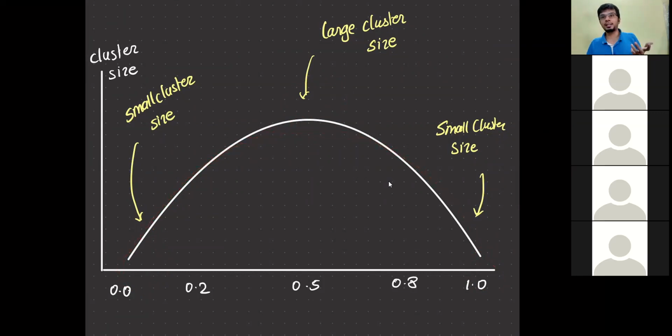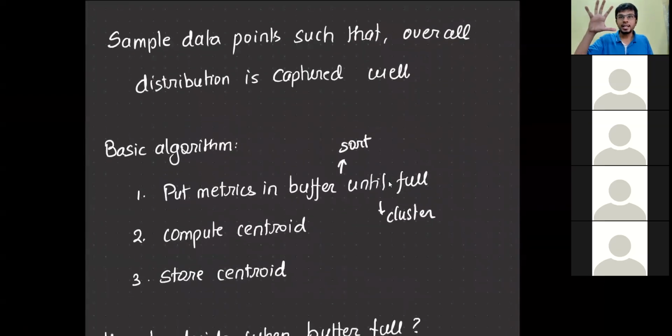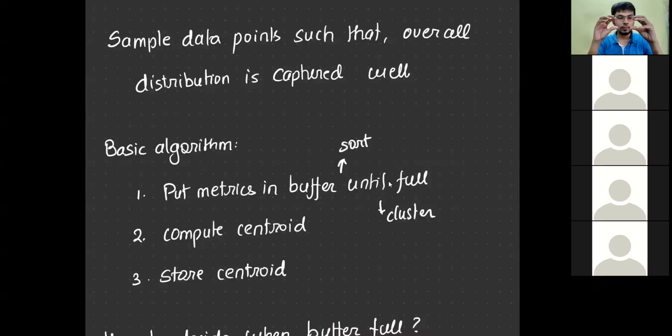So what's a cluster? What are we actually clustering? The sample data that we have, the kind of samples that we are putting in. Let's say we are sampling the data and we create a batch of all the metrics that we are getting. Instead of storing all of them, we just store one that represents that cluster.